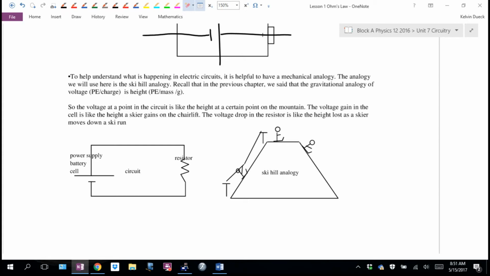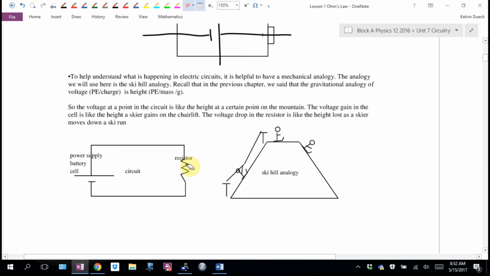The voltage gain from the battery, we're going to treat this like a chairlift. In fact, you're often going to hear me call the battery a chairlift. All a chairlift does is it gives you extra potential energy, gravitational potential energy, by raising your height. All a battery does is it gives the charges extra electric energy by raising their voltage.